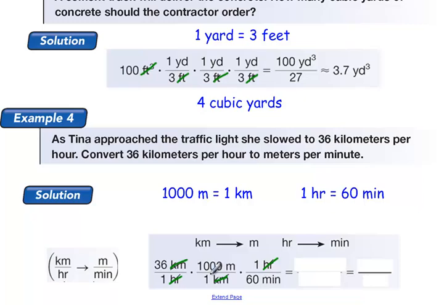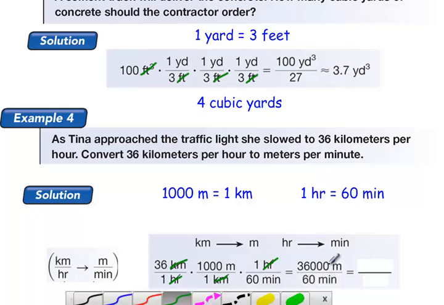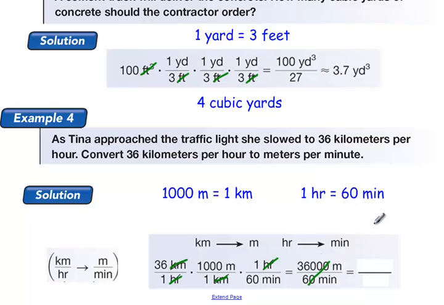So 36 times 1,000 is 36,000. 1 times 1 times 60 is 60. We know we can cross off those zeros. So therefore, that leaves us 6 goes into 3,600. We know 6 goes into 36. We have 2 zeros, so we add 2 zeros there. So we know that it'll be 600 meters per minute.